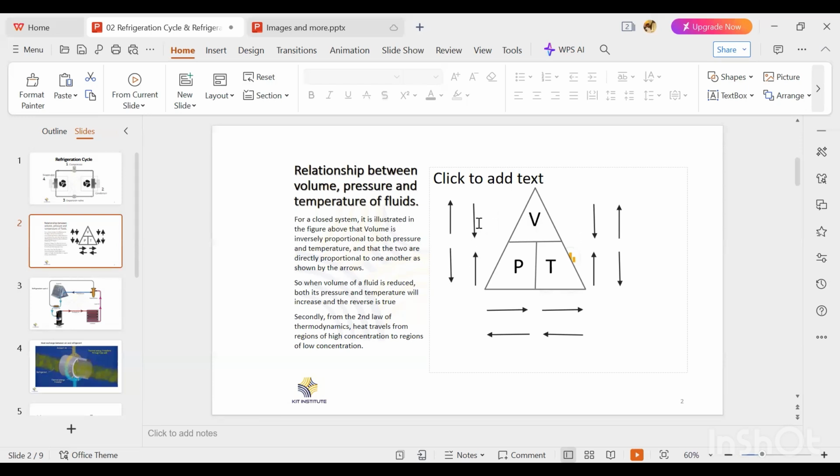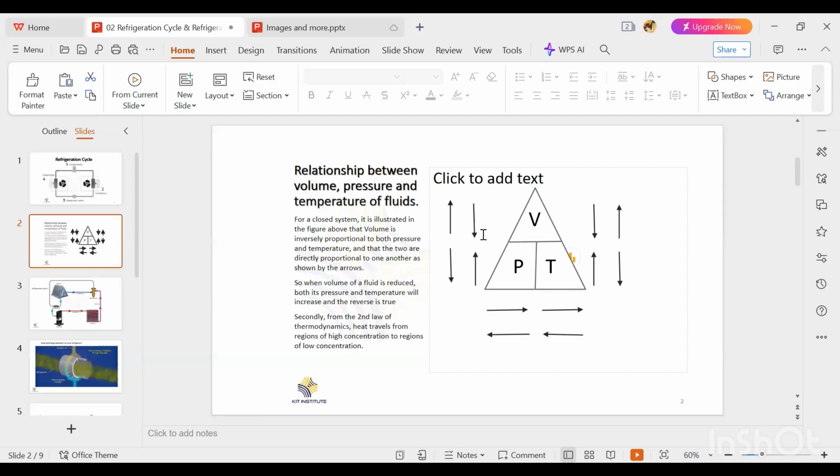As we can see with these arrows, if volume goes down, temperature will rise, as you can see by the direction of this arrow. When volume falls down, pressure increases. Sorry, here it was temperature.